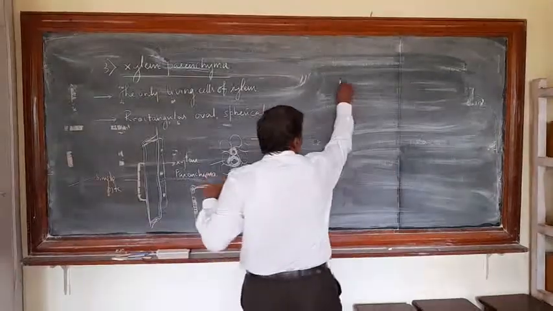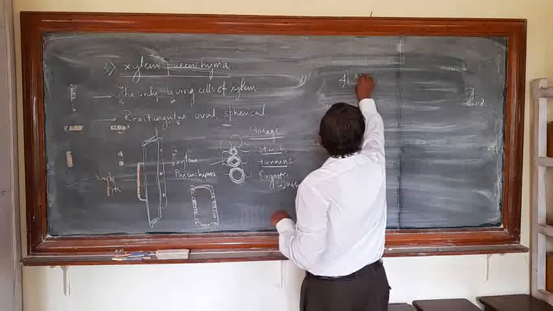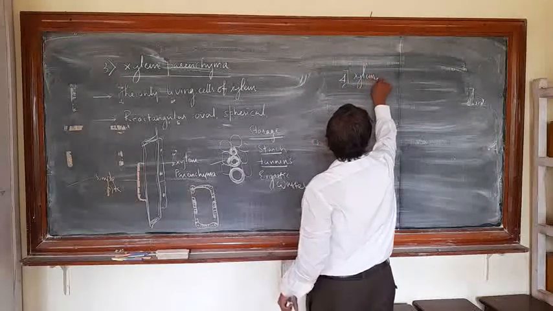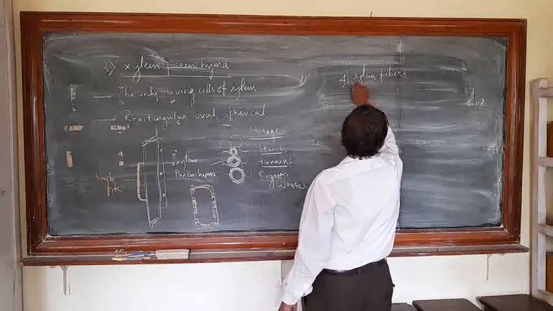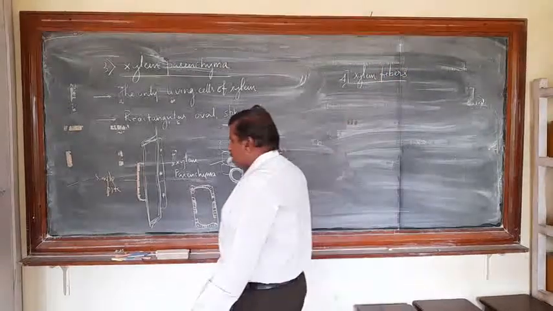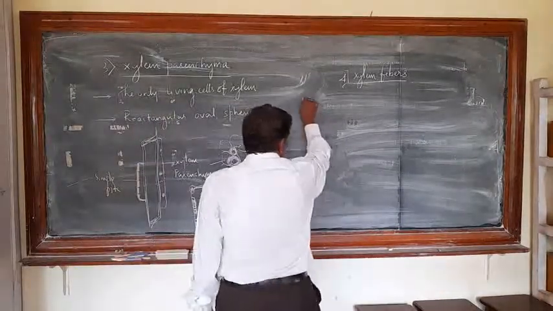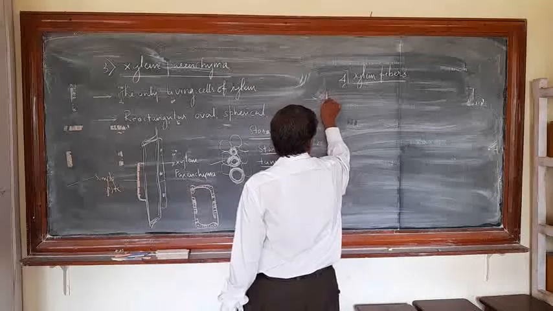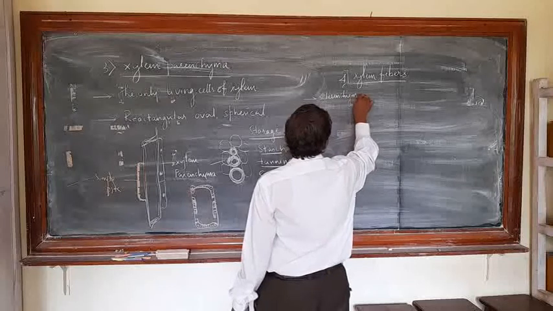Then let me consider the last type of cells in the xylem. We call them xylem fibers. As far as these xylem fibers are concerned, they are usually sclerenchyma fibers.